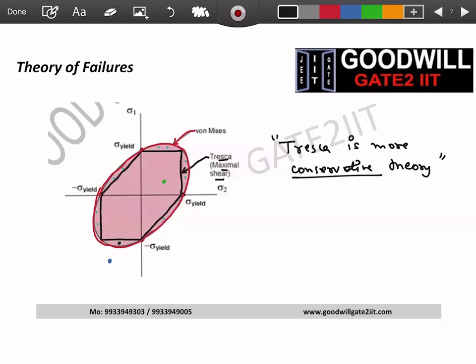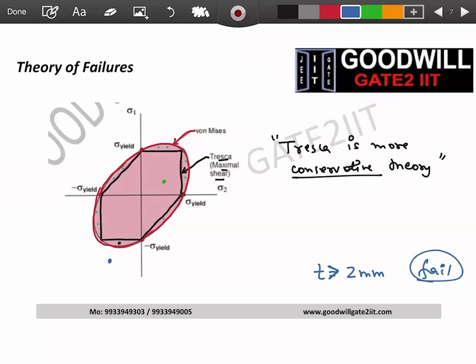Now, conservative means it doesn't allow you to do many things. It tries to put you in a more constrained position. Now, what do you mean by this? You did some analysis. You are designing your wing, let's say, and Tresca came and said that if your thickness of the wing is more than 2 mm, your system is going to fail.